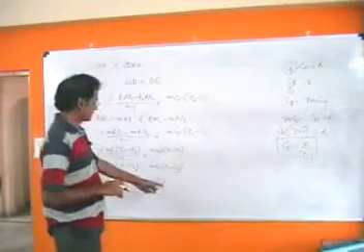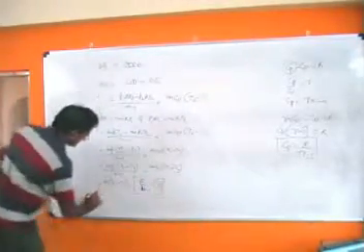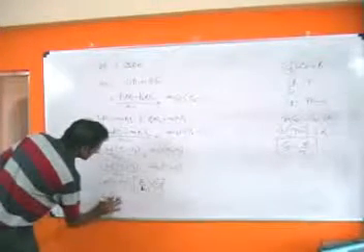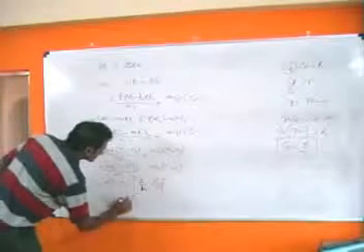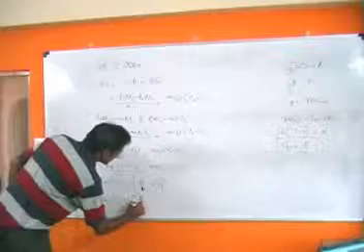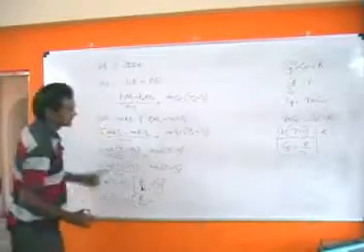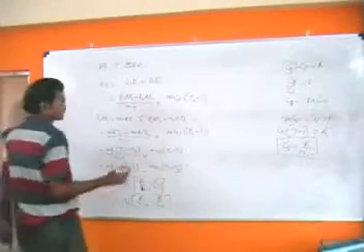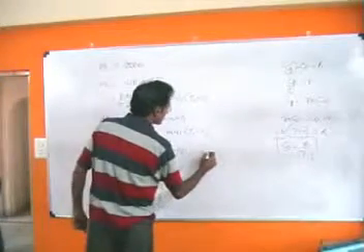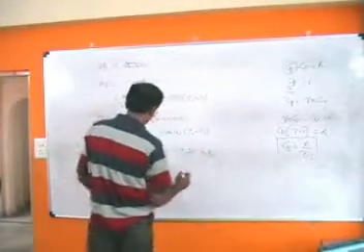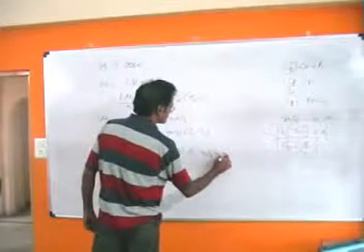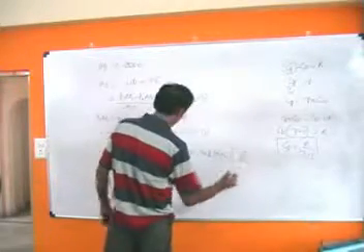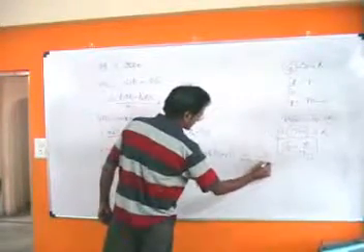So we substitute that value of Cv here to get m into (T1 minus T2) times R by (n minus 1) minus, in place of Cv, R by (gamma minus 1). Since R is common, we take it out. We get mR into (T1 minus T2), and inside we get 1 by (n minus 1) minus 1 by (gamma minus 1).